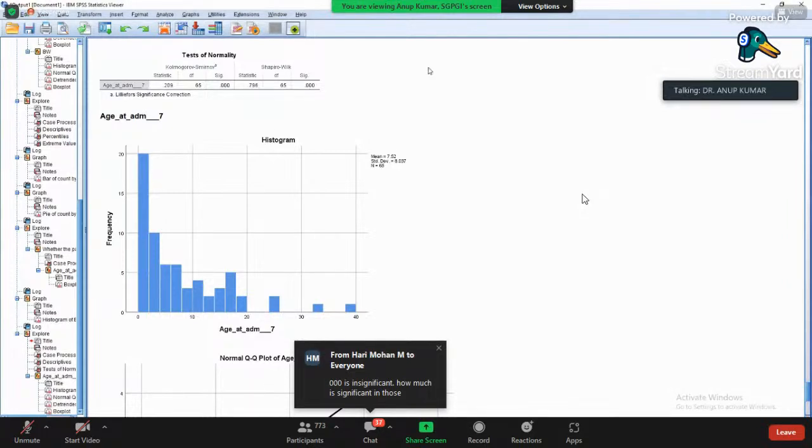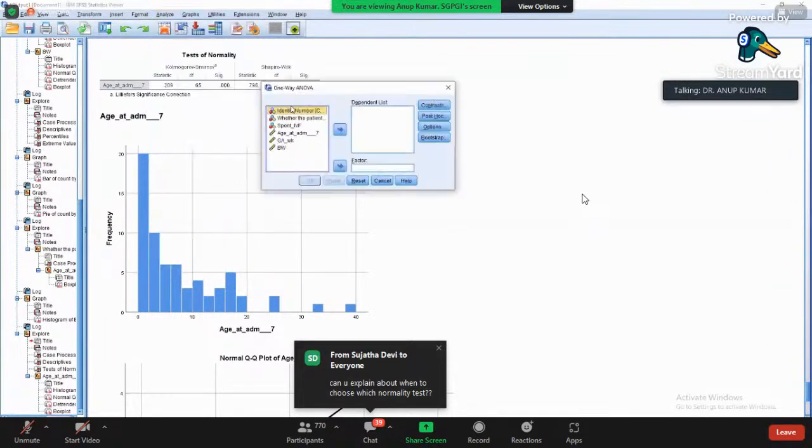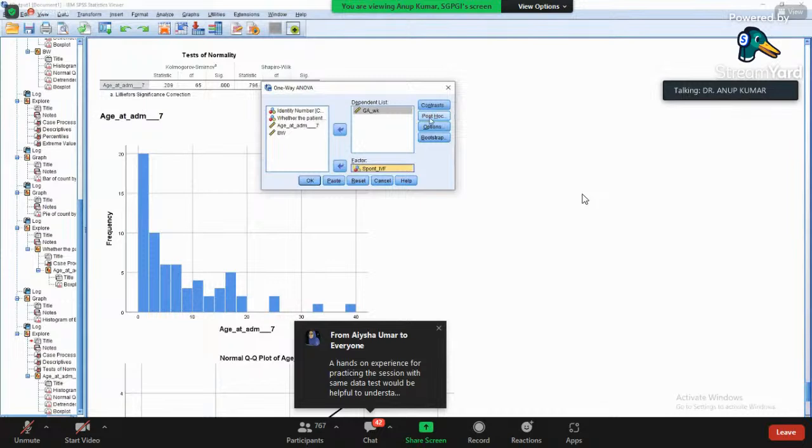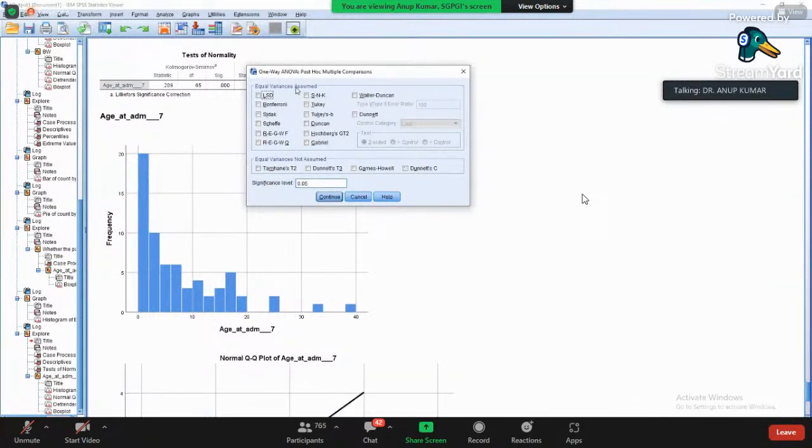Actually, for testing of homogeneity, you should go to Compare Means and then One-Way ANOVA. If you want to test whether gestational age in weeks has something to do with spontaneous or IVF conception, then go to Post Hoc. Here in Post Hoc, you can test whether equal variance is assumed or not.